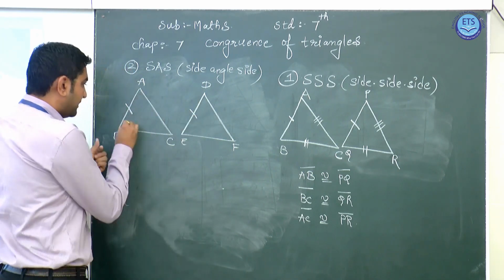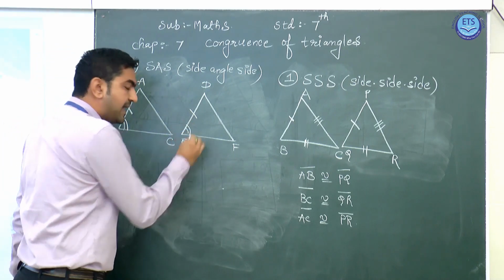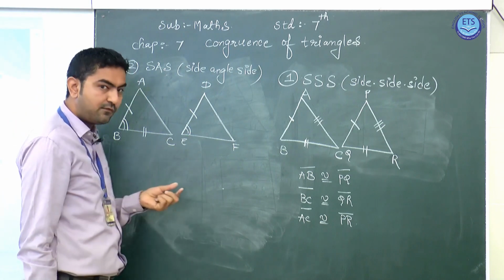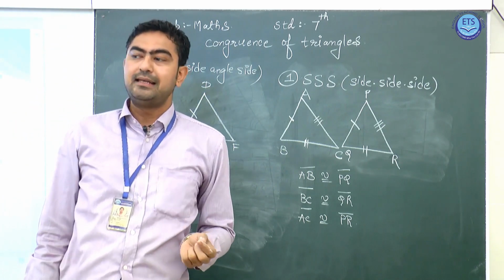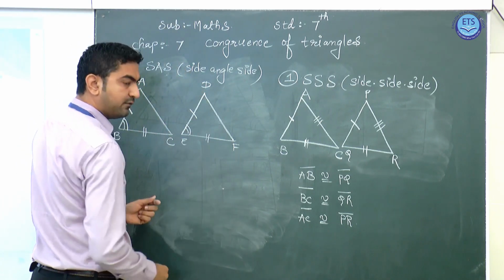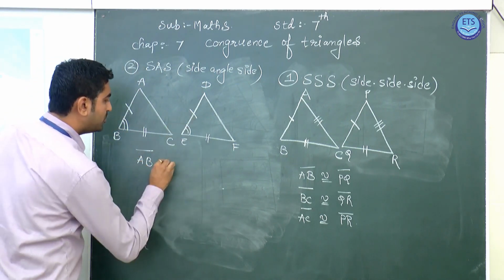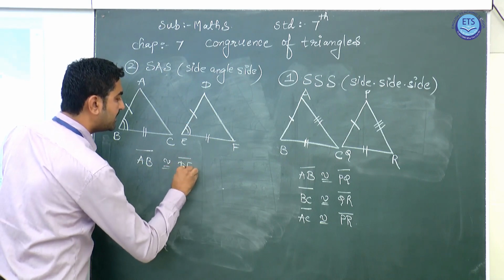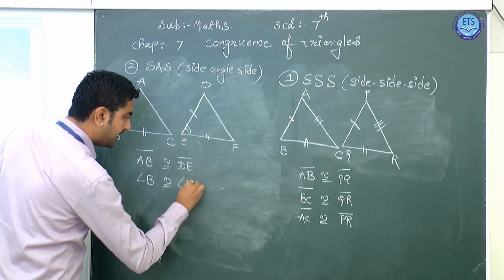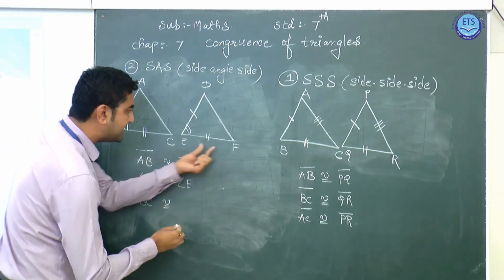One angle is angle B, and in the second triangle it is angle E. And the side, in the first triangle line segment BC, and here line segment EF. So you should write line segment AB congruent to line segment DE, angle B congruent to angle E, and line segment BC congruent to line segment EF.